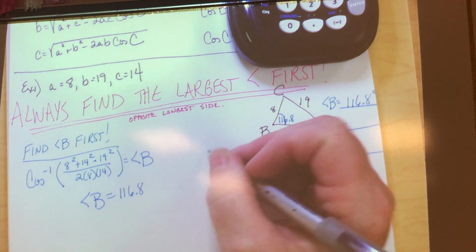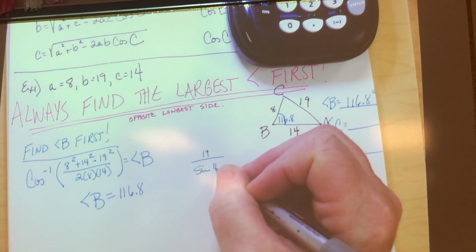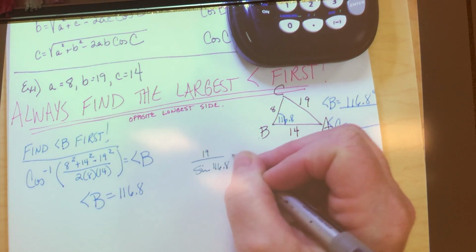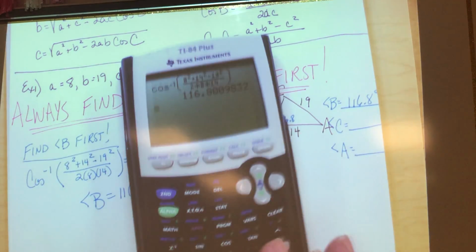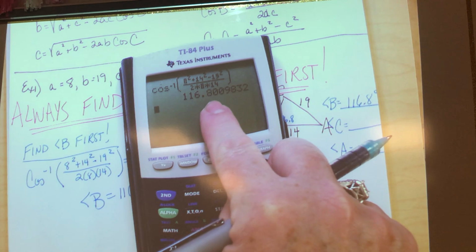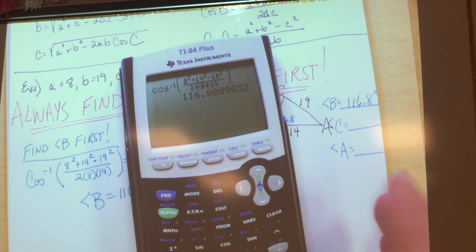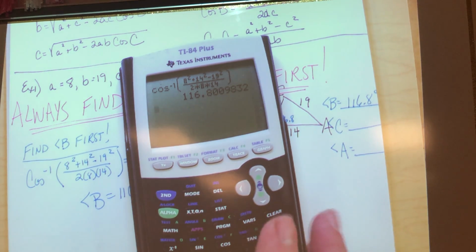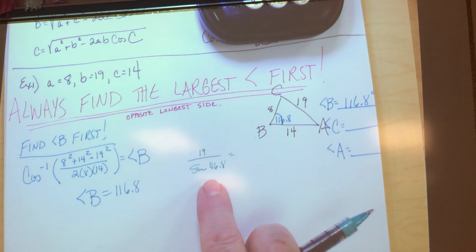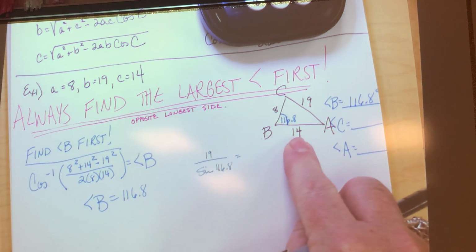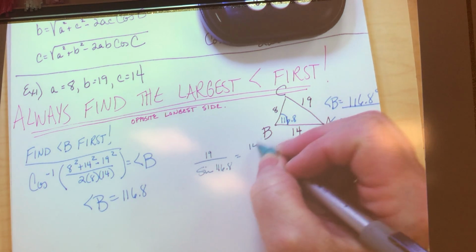When I do this on my calculator, I'm actually going to use the full number, 116.8009, because it'll make my answer more precise. It won't make much difference here. So 14 is to the sine of his angle.